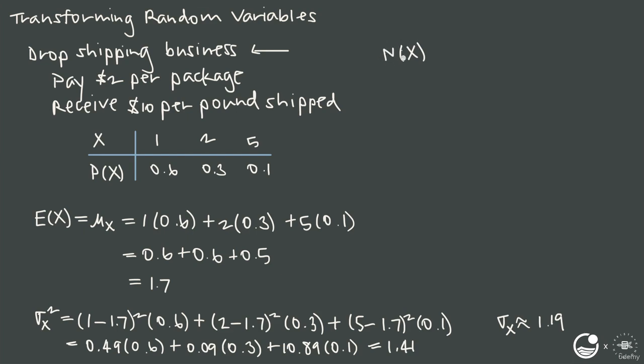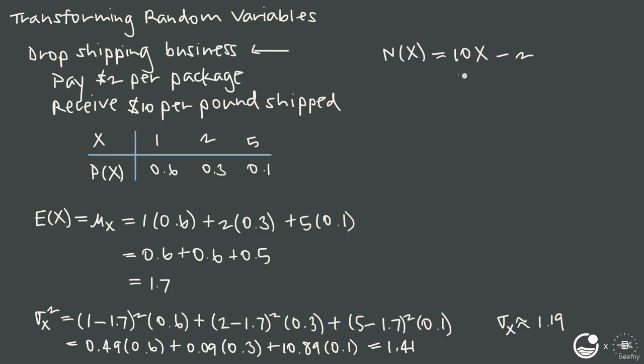So net gain of our discrete random variable x is going to be equal to 10x, because remember, x models the weight in pounds. So if x is pounds and we're getting paid $10 from the manufacturer to ship each pound, then the amount of money that we're going to make is given by 10x, except that we then have to subtract 2 from this net gain equation because we have to pay the manufacturer $2 for every product they give us.